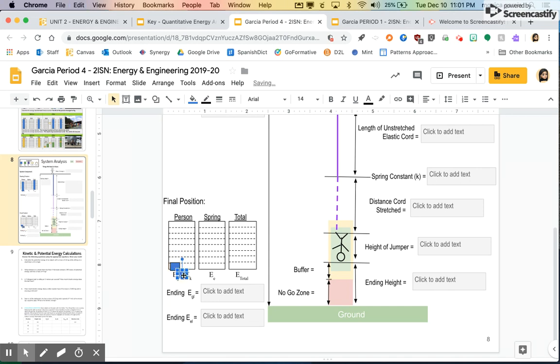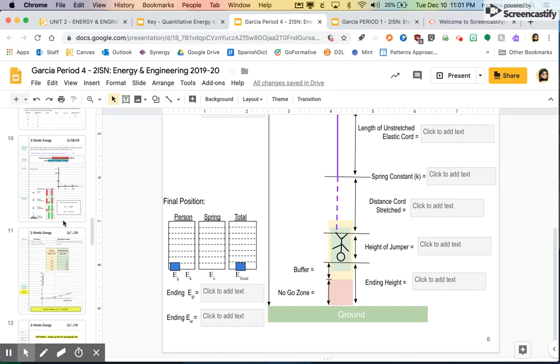So that makes up part of our total. And then to find out the rest of it, we have to think about this. So we know that there is no kinetic energy at the very bottom position. And the reason is because the jumper has fallen, their velocity has reached 0.